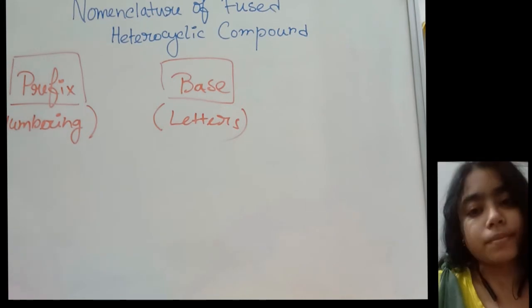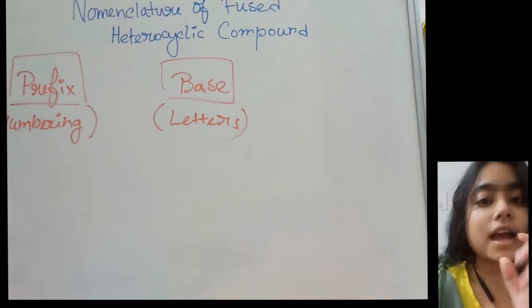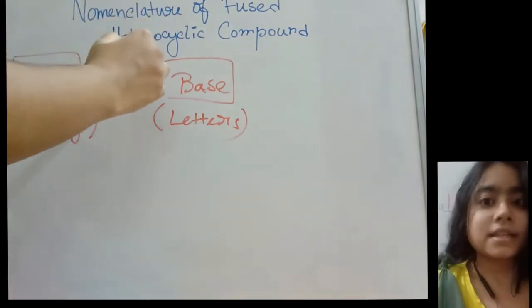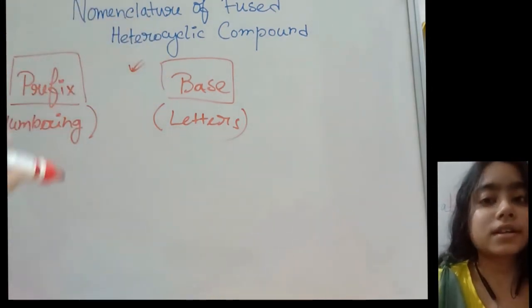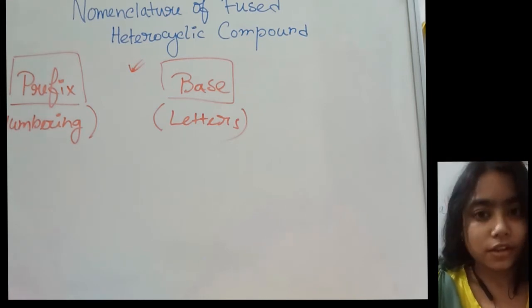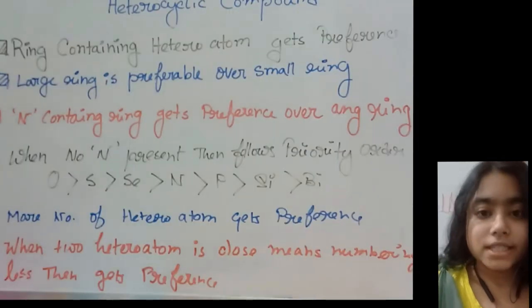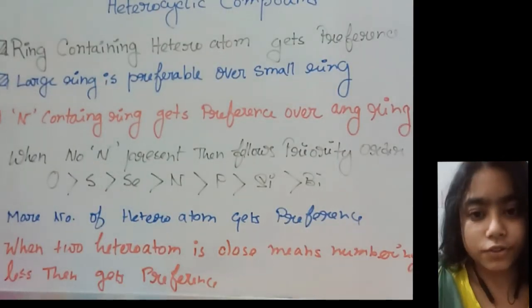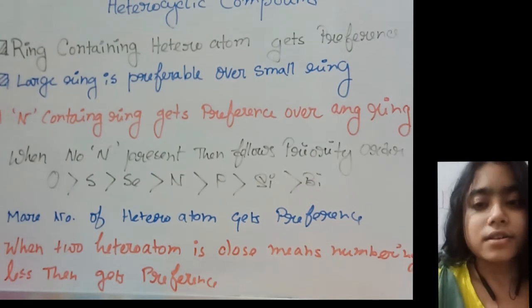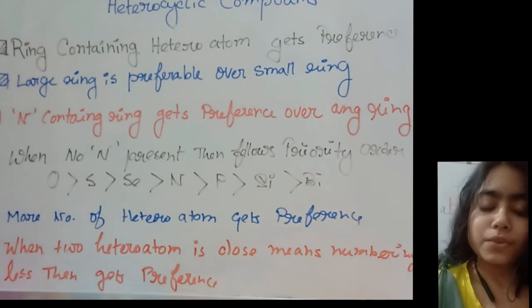Before doing that, we have to know how we will identify a ring as the base. There are certain rules, so let's see the rules. Suppose in a fused ring compound we have two rings.